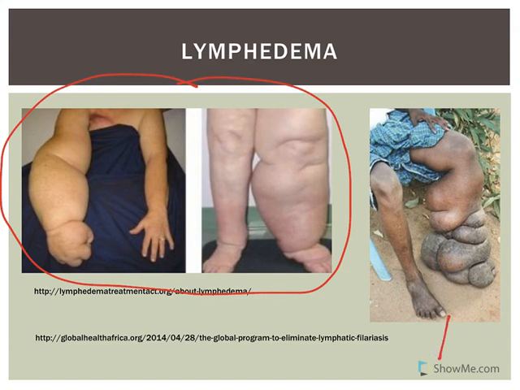Over on the other part of the screen is an example of lymphatic filariasis. It's also often referred to as elephantiasis, because the limbs can start looking like elephant limbs, like their feet.